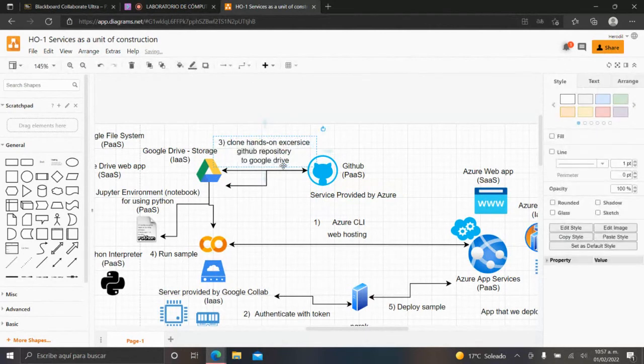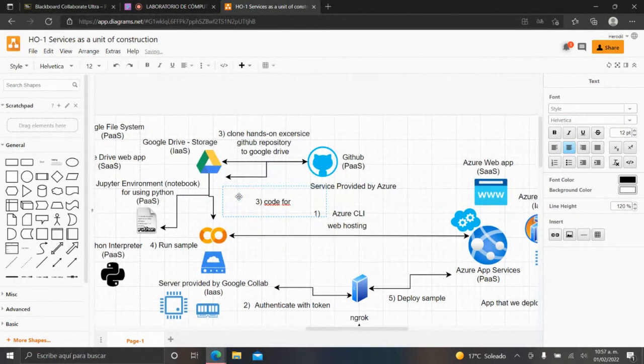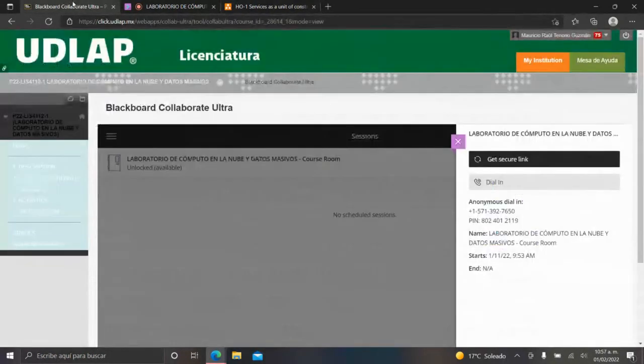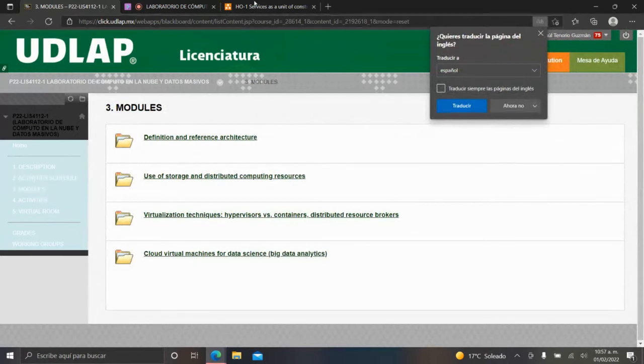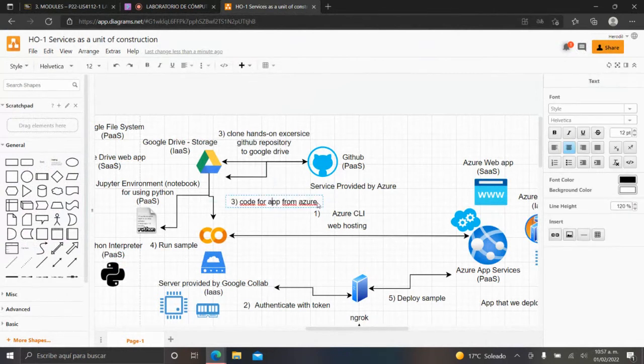I think that I can do the following. Well, if you open the specification of the exercise, the one that lies in the site of the course, after you in number 3 clone the example, there is a cell with a bang.